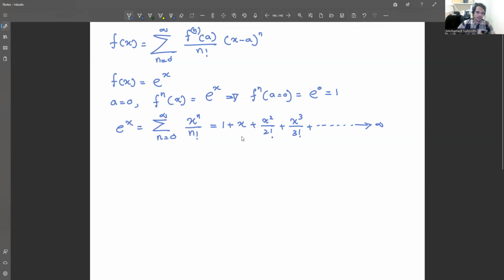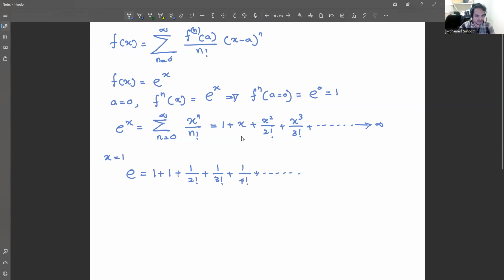Okay. So you remember you studied the value of e, 2.78 something, right? So how do we calculate that value? Using the Taylor series only, right? So for example, if we substitute x equal 1, you will get e equals 1 plus 1 plus 1 over 2 factorial, 1 over 3 factorial, 1 over 4 factorial.